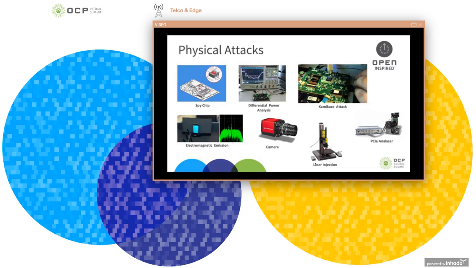In the integrity part, the aim is to compromise the platform in a way that I can run my own software, change the code, change the firmware, disable the security, and this can be done in various ways.